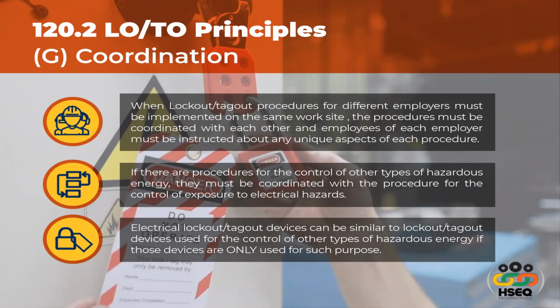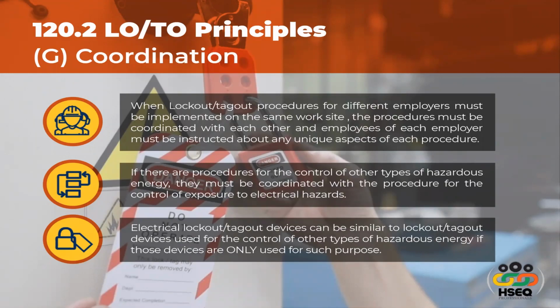For example, I'm installing a transformer. One company is there who is installing and commissioning the power transformer. There is another company whom I have asked to come and do the installation and commissioning of the switchgear, and another company is working on the cable system.